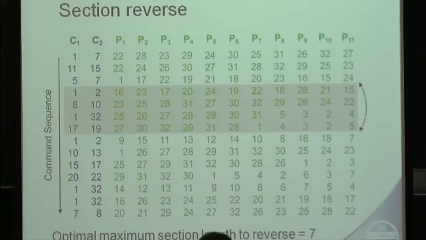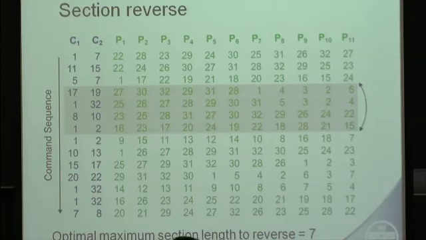The other rearrangement that tends to reduce the cost function quite efficiently is to take a section and reverse it, again picked at random with a random length, and we found that the optimum length of the section to reverse was about 7 commands in this instance.